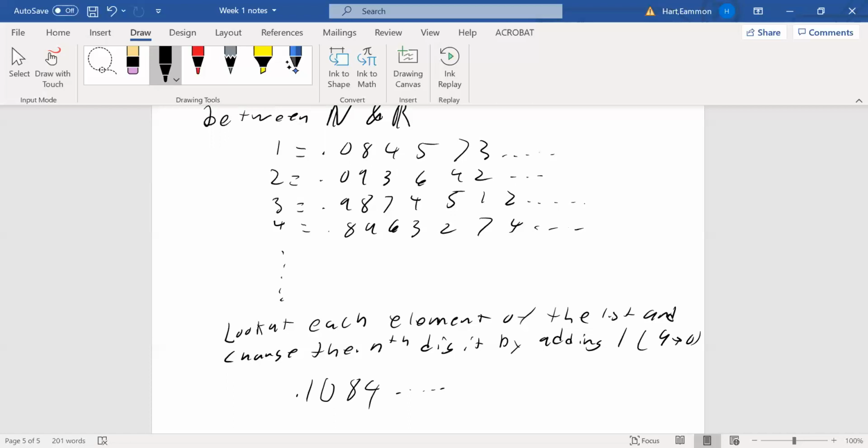And that tells me that this number is going to differ by exactly 1 digit from every single element in my list.